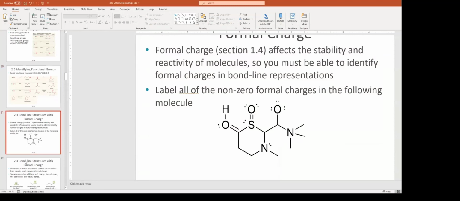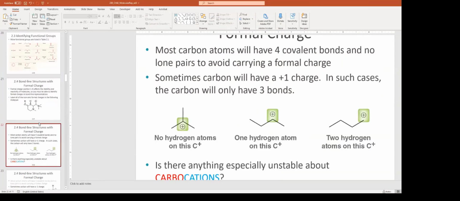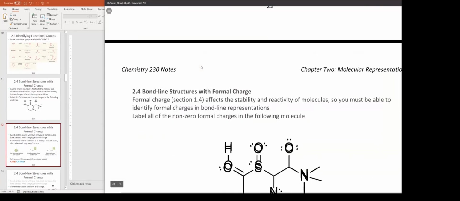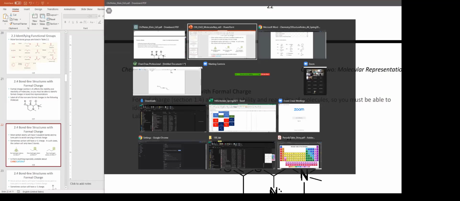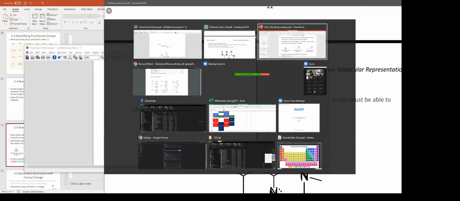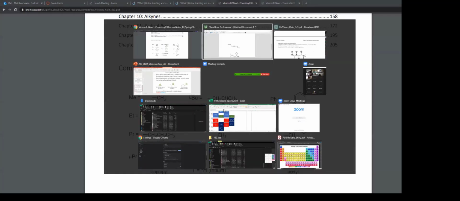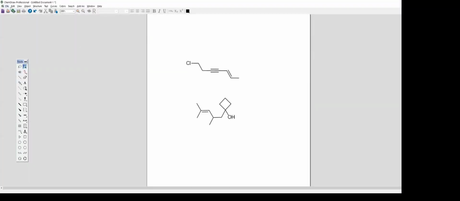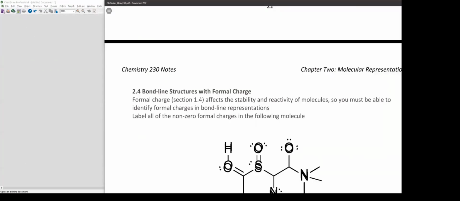Okay, let's practice, shall we? I'm going to draw several molecules, and I want you to find the functional groups. Oops. And then we'll end after this. No, not ChemDraw. Here we are.